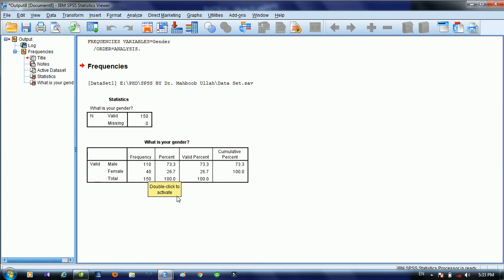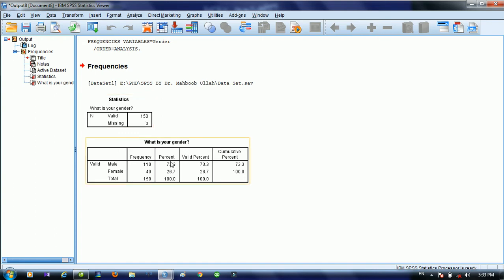In the next column we can find percent. Percent figures take into account all the responses, both the valid and missing. Here you can see we have valid 150 and missing is 0. So valid is 150, meaning this is the total number of responses we have received from our respondents.